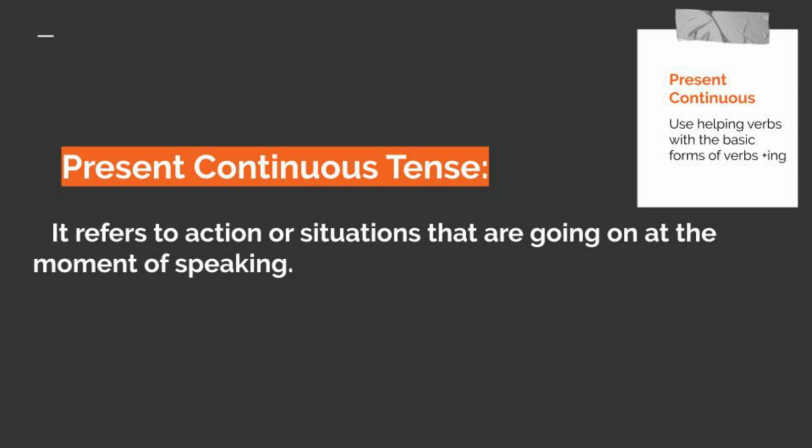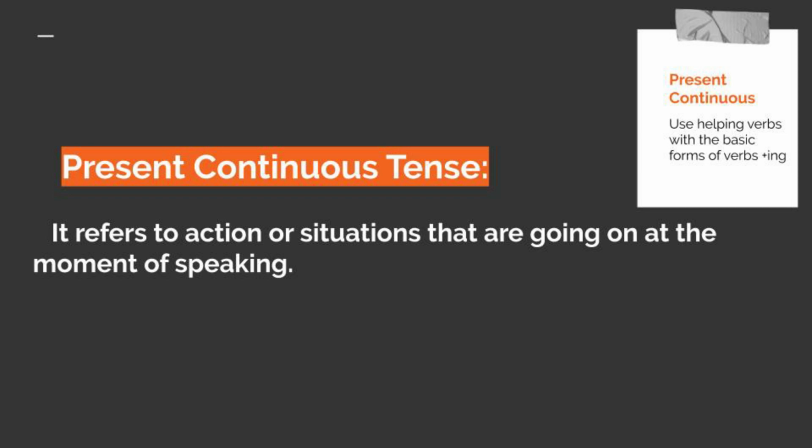Look at the word continuous. Earlier we had only simple present, just simple. Now here you have the word continuous, something that adds continuity, something that's happening over and over again. It is happening right now. What are we doing right now? We are talking, we are watching, we are listening, we are learning.